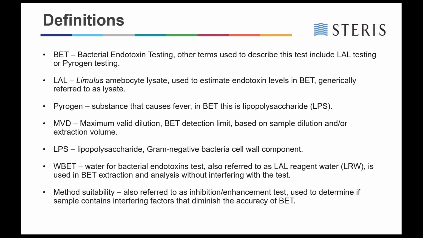Method suitability is also a key term. Sometimes it is referred to as well as a so-called inhibition or enhancement test. This is a very important step used within the validation, for instance, but also in routine testing to determine if a sample contains interfering factors that could diminish the accuracy of a BET.